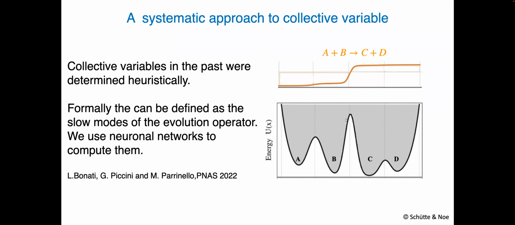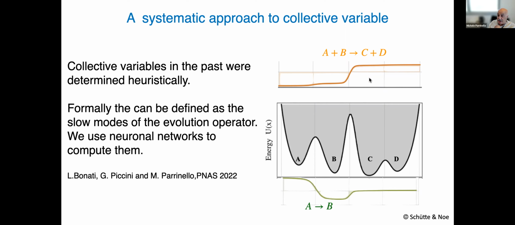If you go from A to B, you have to overcome this mountain. And this is how one collective variable looks like. They all look like this. So we have a value roughly constant in one basin and the value roughly constant in the other, and it goes from one basin to the other in a sigmoidal fashion.